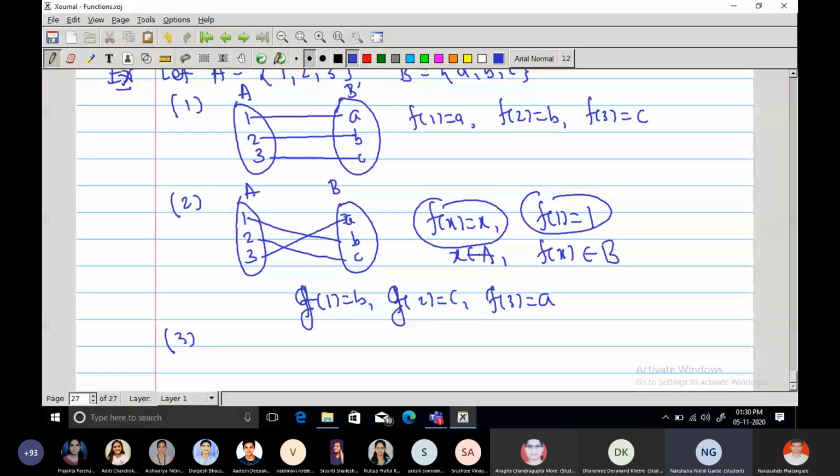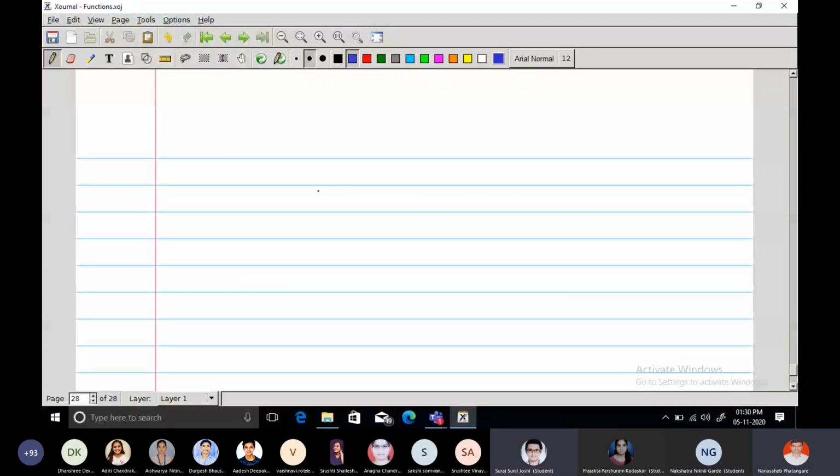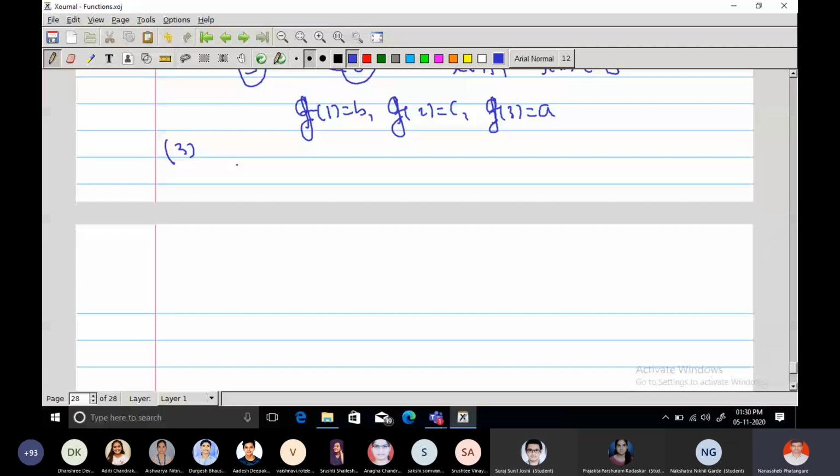This is G, this is F. One more function: 1 is related to C. So I will define h of 1 is equal to C, h of 2 is equal to B, h of 3 is equal to A. So 1 goes to C, 2 goes to B, 3 goes to A.